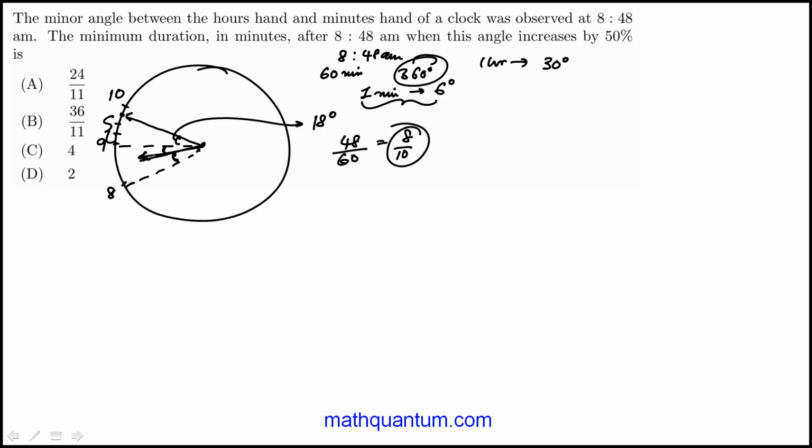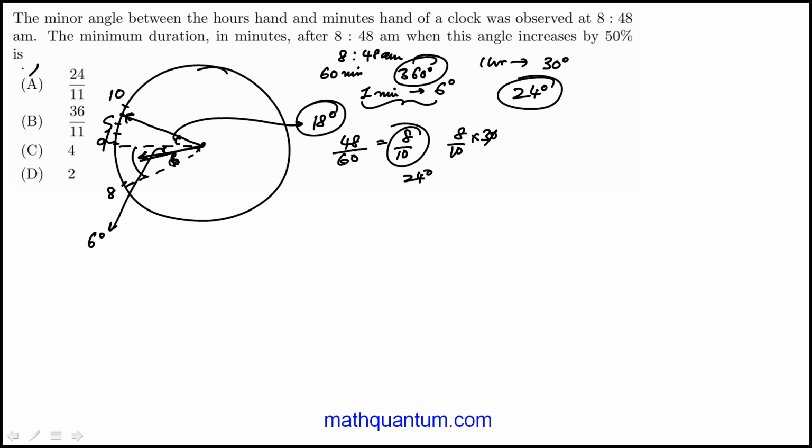That means that our arm has moved 8/10 of this entire angle, which is 30 degrees. I mean, this is how I do it. So 24 degrees it has moved, which means that remaining angle between the 9 position, that's 6 degrees. That means the total is 18 plus 6. So 24 degrees is the angle between the hour and the minute.